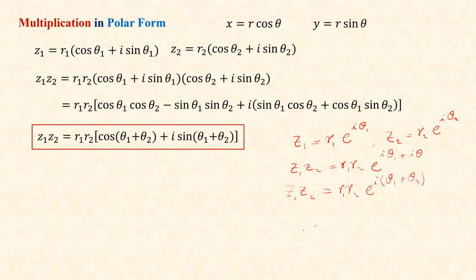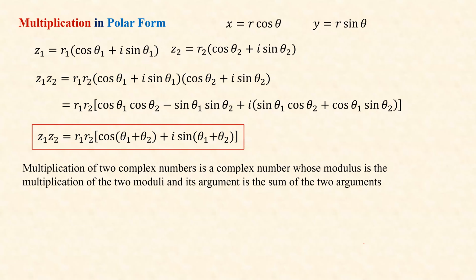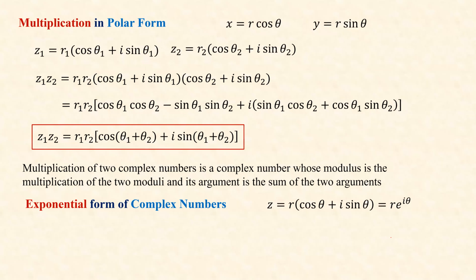Therefore, there's an exponential form of complex numbers. So the exponential form is, as I said, this R e to the I theta. Because if you write it in terms of exponential, it carries this property that multiplication of two numbers is a number that has the multiplication of moduli or absolute values, and then the angles add.